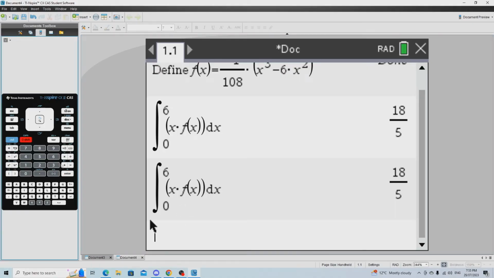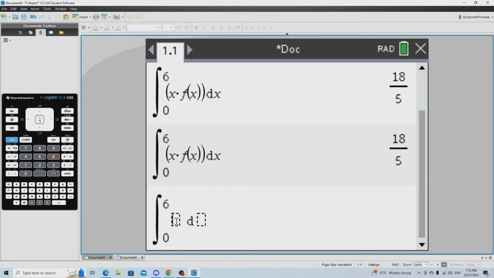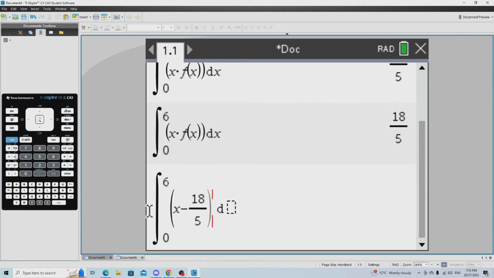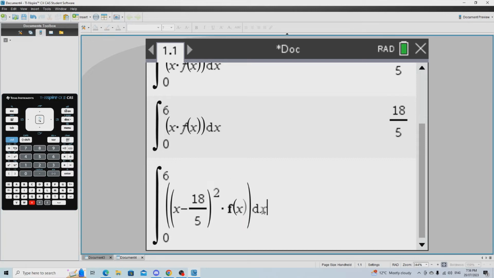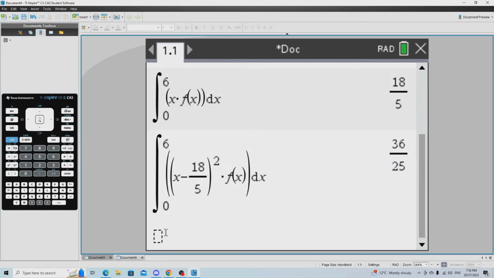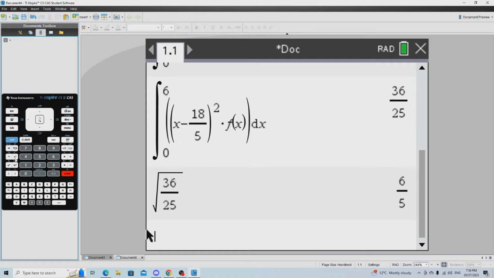So we're saying square root of the integral from 0 to 6 of x minus your mean value, squared, times f of x dx. Okay, we get this, but we want to square root it to get your standard deviation. So your standard deviation is the square root of your answer, 6 over 5.